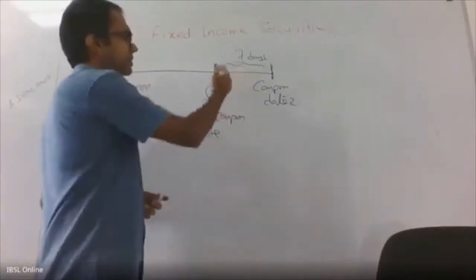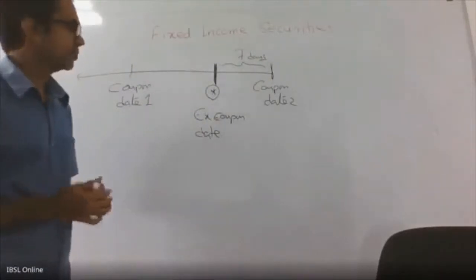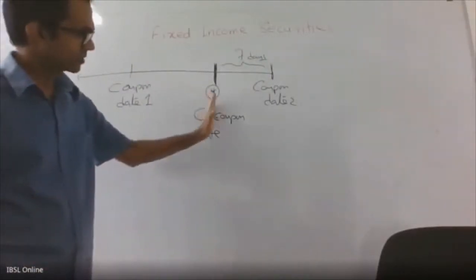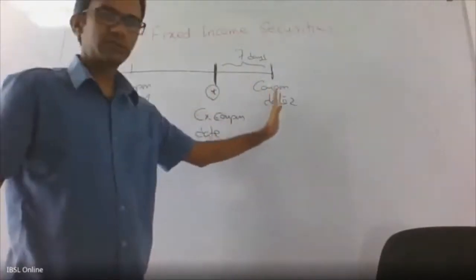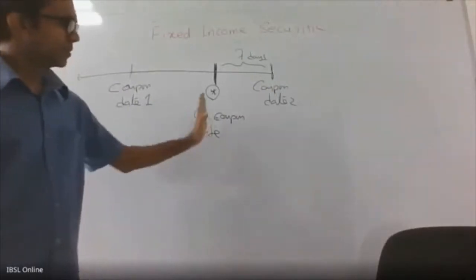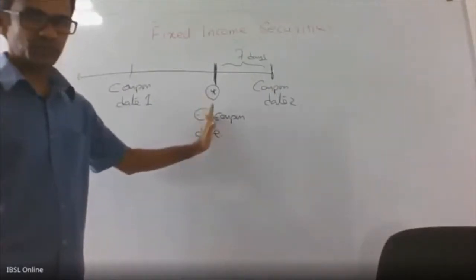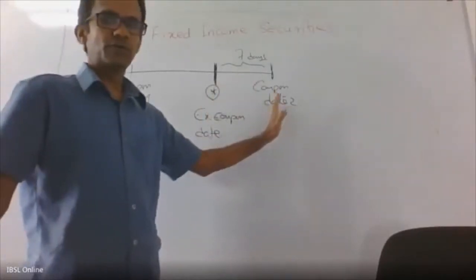It may be 7 days or 5 days or 14 days before the coupon date. Whoever holds the bonds as of this date will get the coupon on the coupon date.